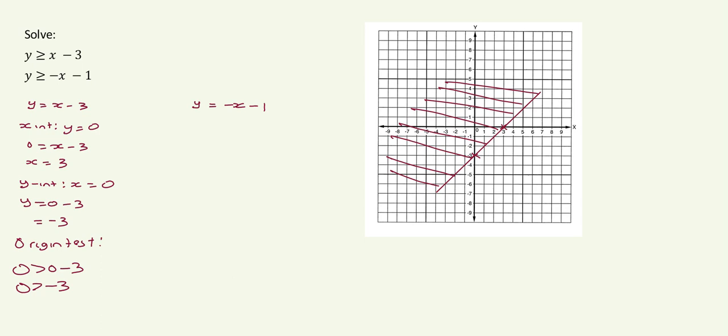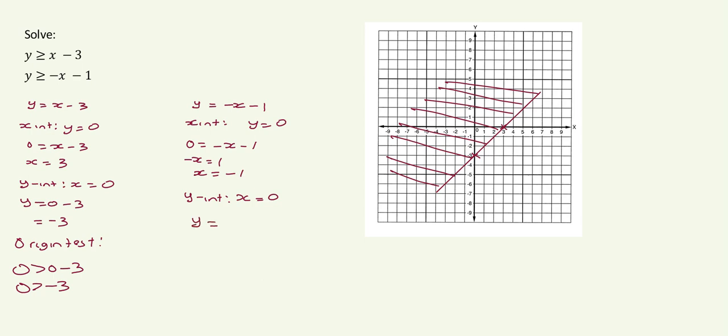So we start with the second equation. So look at the x-intercept, y equals 0. So 0 equals negative x minus 1. So negative x equals 1. So x equals negative 1. And then the y-intercept, we have x equals 0.